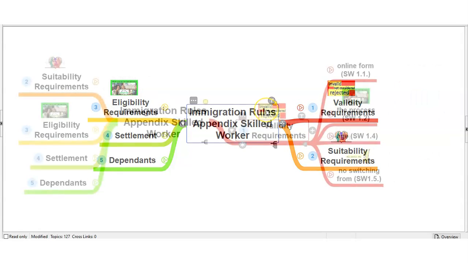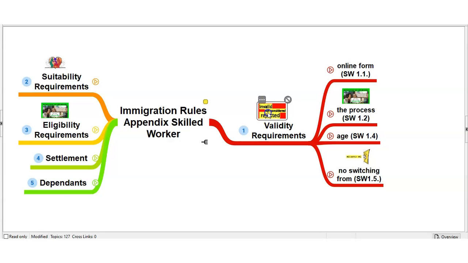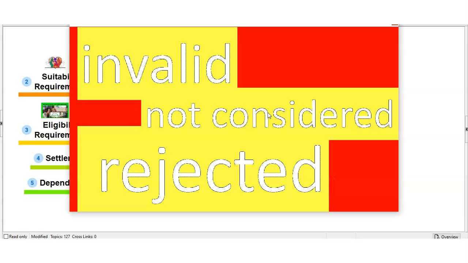The validity requirements say that if the application is not made in the appropriate form, then it will be considered invalid. It will not be considered at all, or it may be rejected. So this is a very important distinction from those applications which are considered and which are refused.